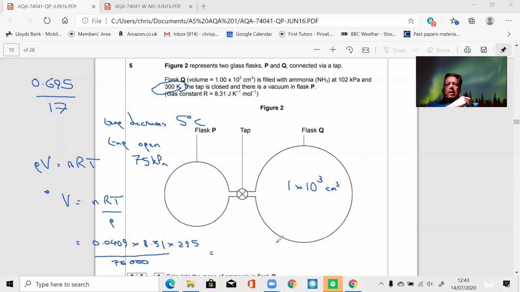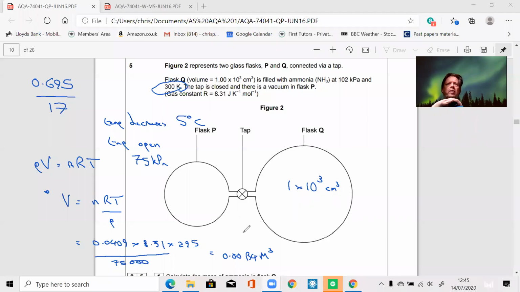That will give us the volume in meters cubed. So again, I'll just pause for a moment and do that on the calculator. Okay, so I've done that sum. This works out at 0.00134 meters cubed.